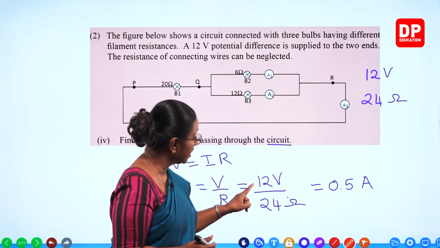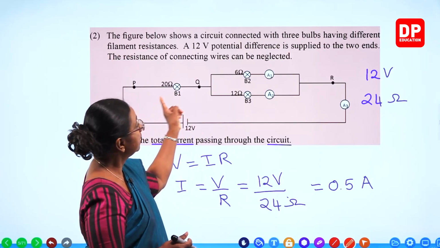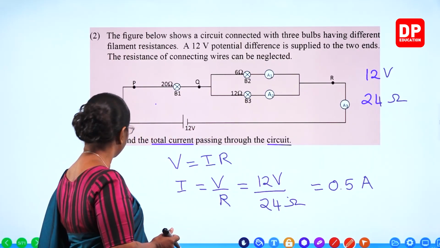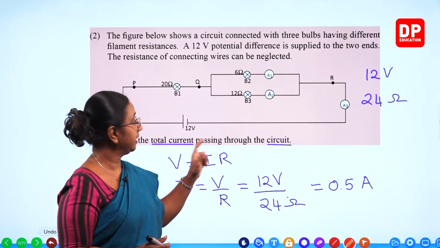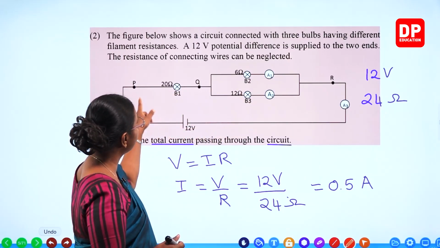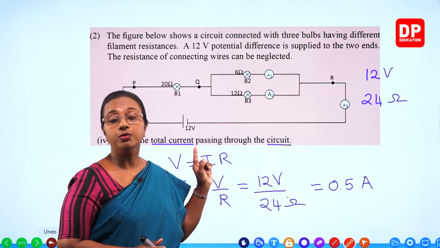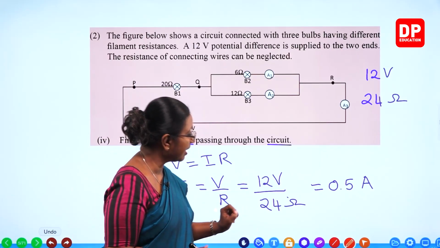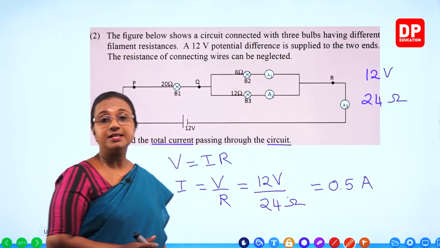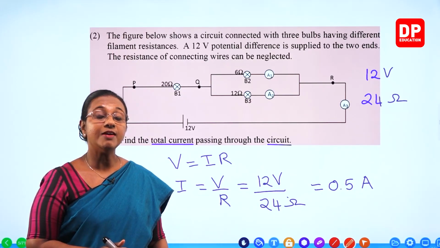So 12 volts. Then you need to consider the equivalent resistance of the full circuit, the equivalent resistance of all these components together. That is 24 ohms. So 12 divided by 24, you get the answer as 0.5 amperes.